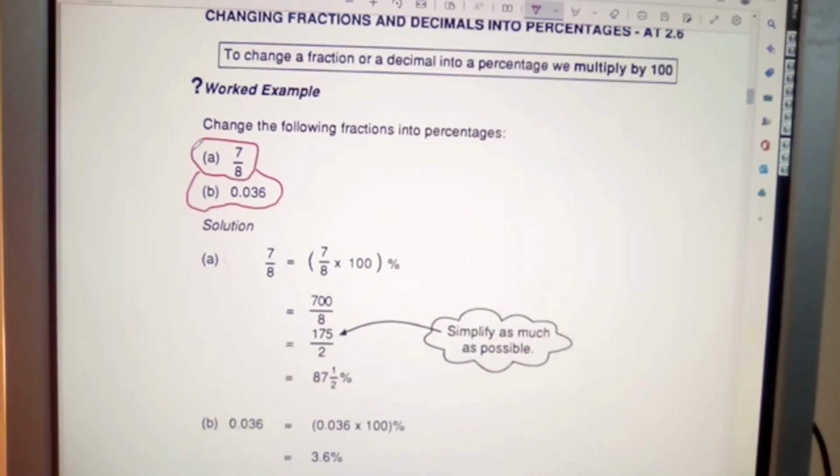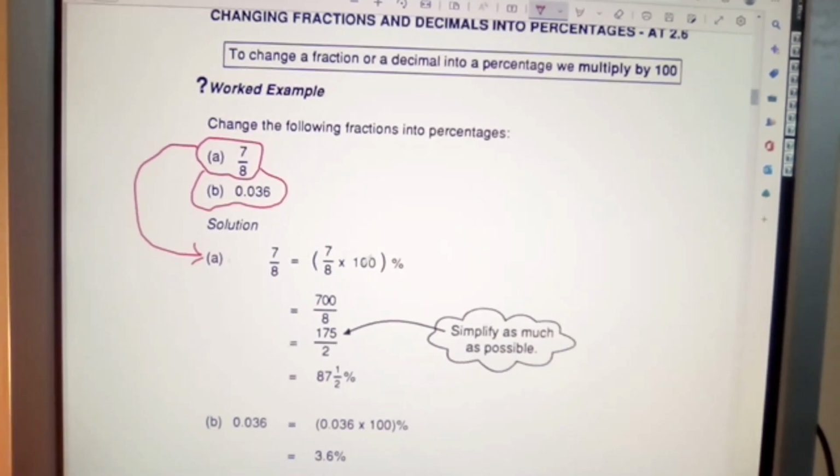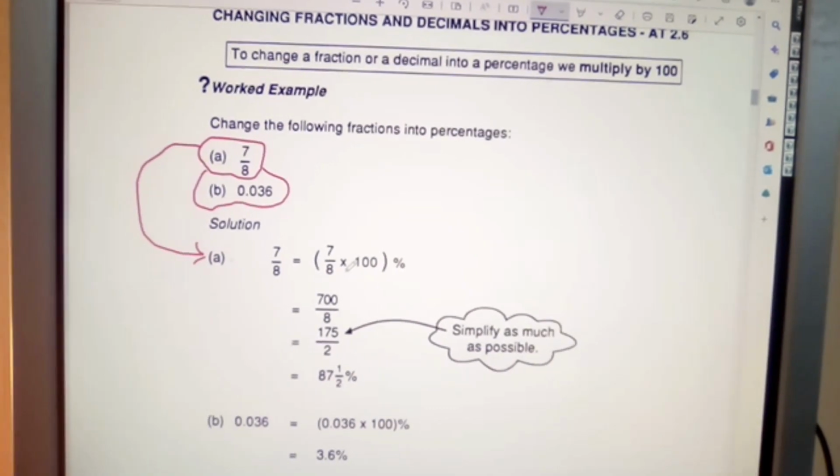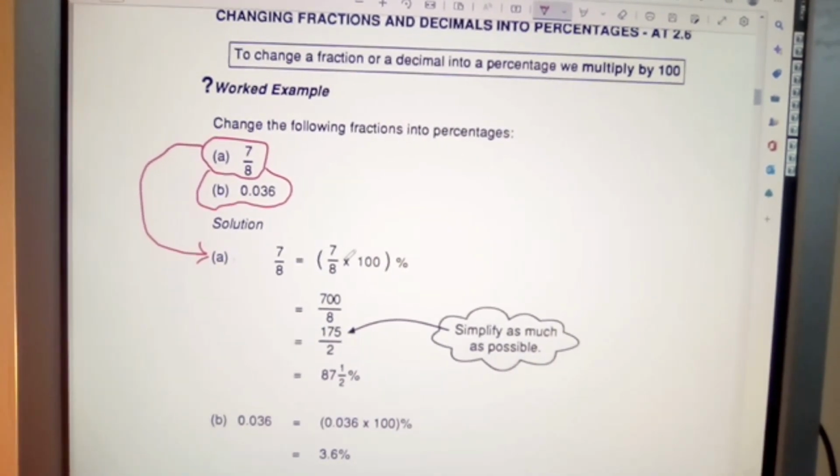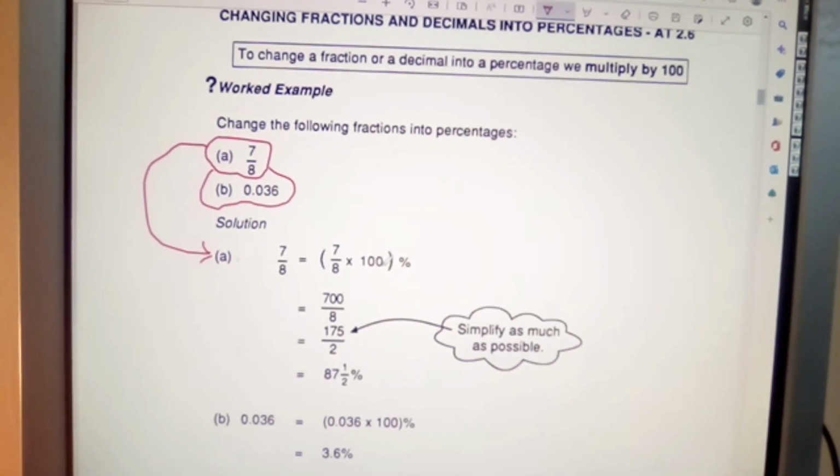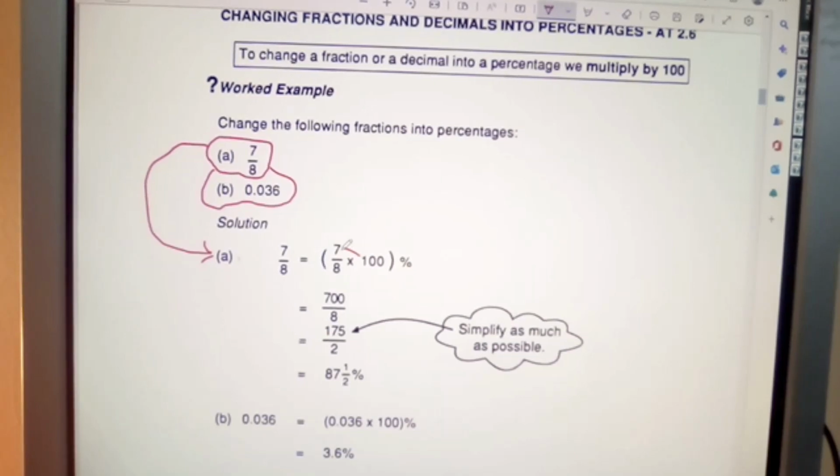So for A, we're looking at this solution first, okay? This one first. Now, 7/8 times 100. Bear in mind here what actually happened is that he's multiplying these two together.